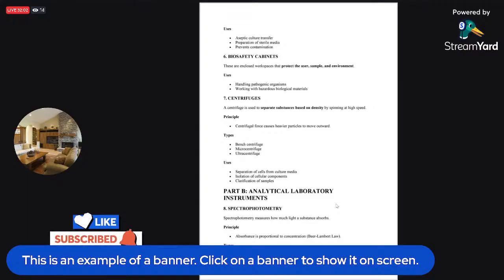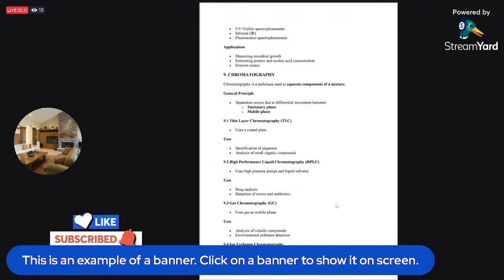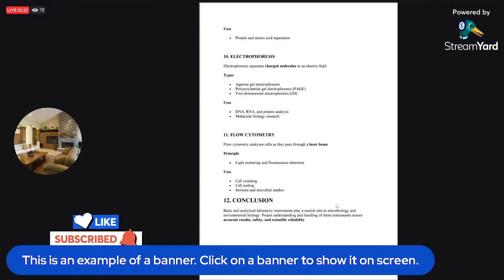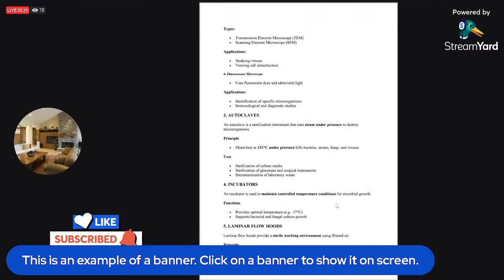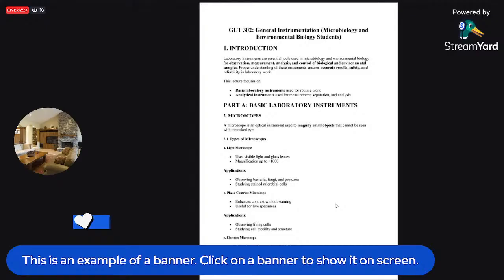Then apart from that, you see the cabinet. In the next lecture I will be able to show you some pictures that you need to see to know them. So it is what you need to learn.